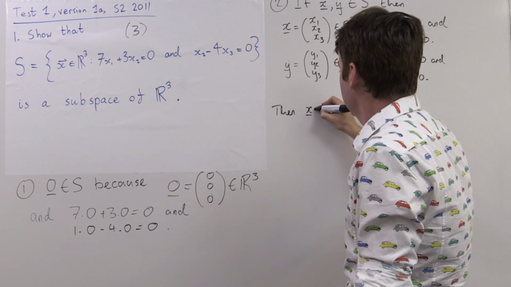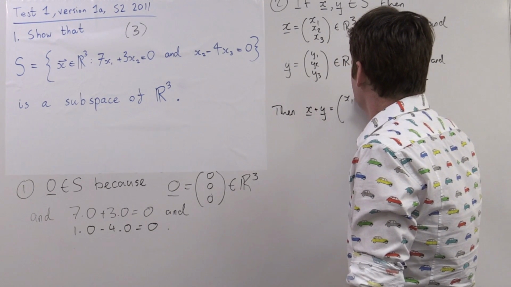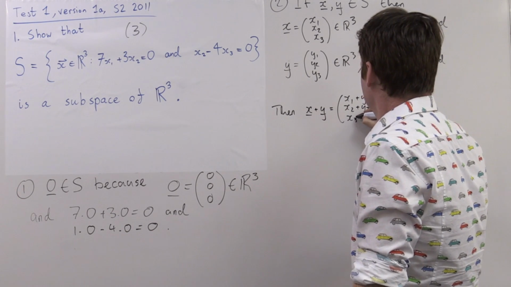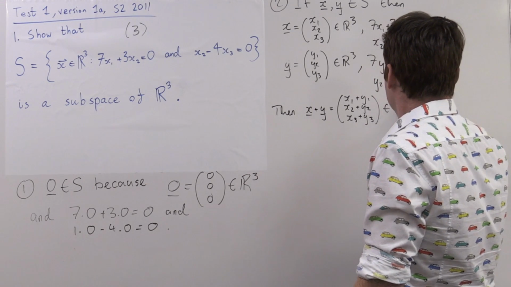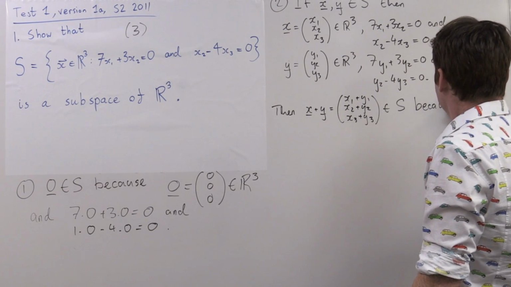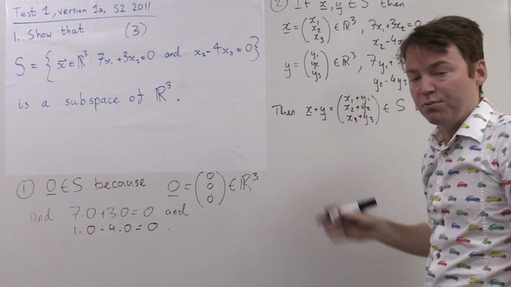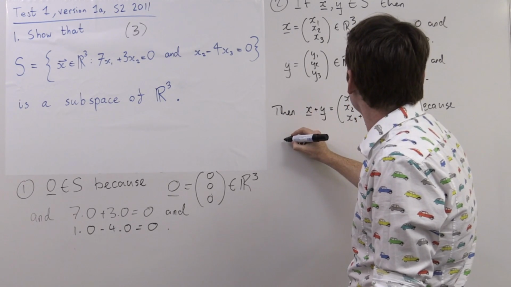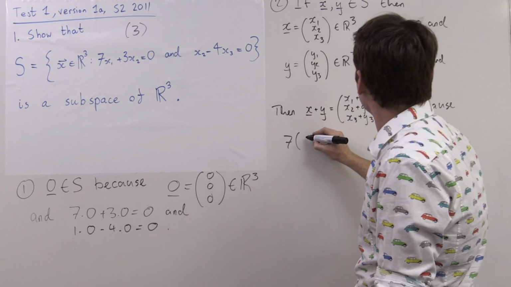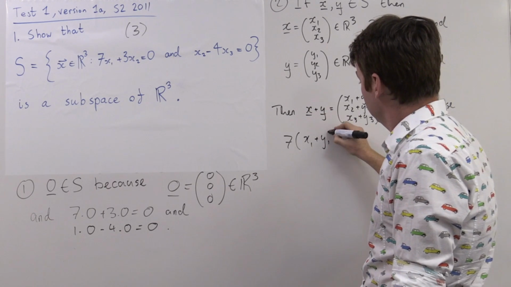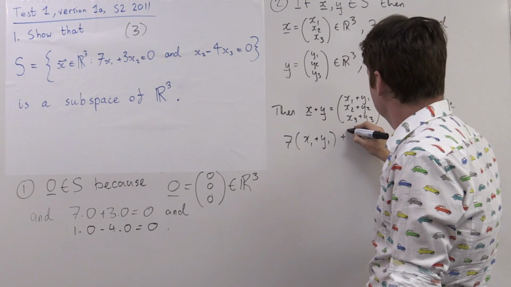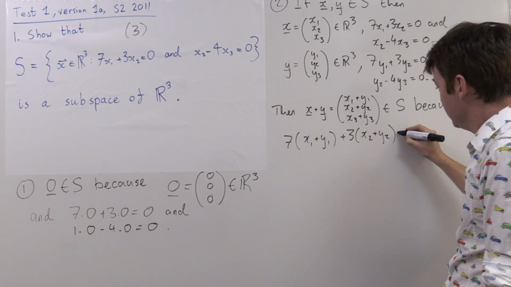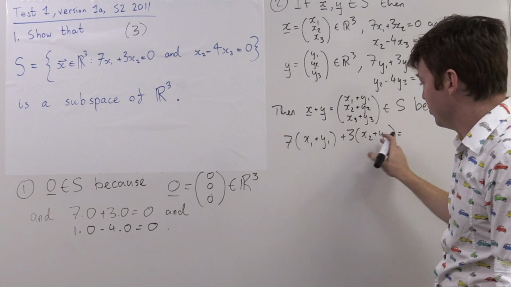And x plus y, then x plus y, which is this, is in S because, well, it's a vector in R3 and 7 times the first component plus, is equal to, well, I can group my x's and y's together.